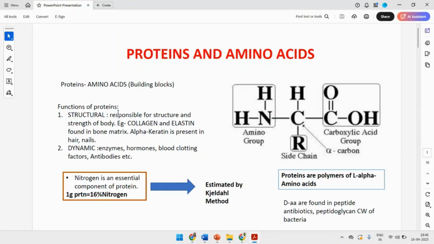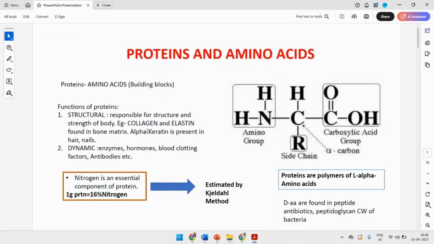Now, what are the functions of protein? So there are two functions of proteins. One is the structural function and other is the dynamic function. When we talk about the structural function, it means that proteins are responsible for the structure and strength of the body. For example, we all know that your hair and nails contain keratin.